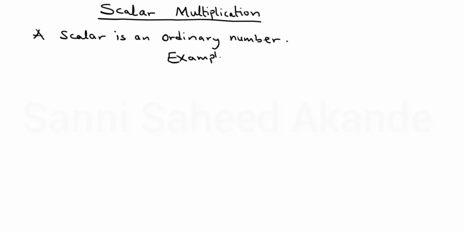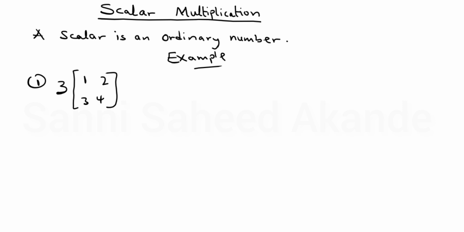The first example here is when we are given a scalar 3 and we are told to multiply it with 1, 2, 3, 4. This is a 2 by 2 matrix, and we are multiplying it with 3.